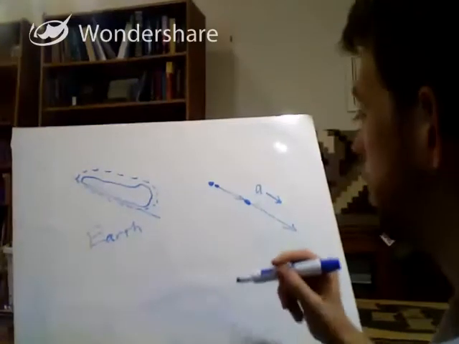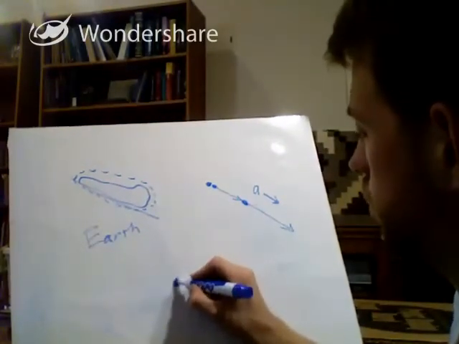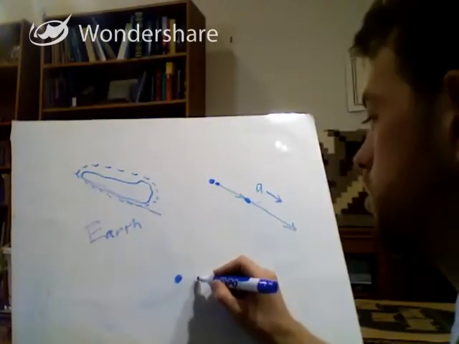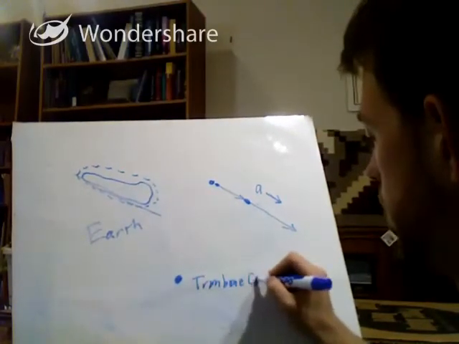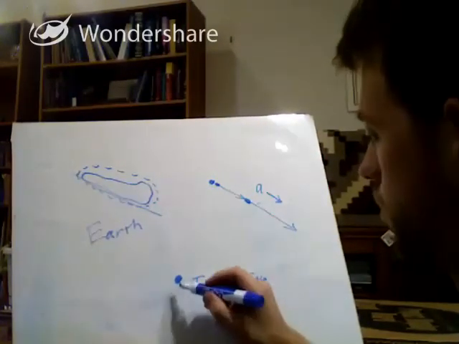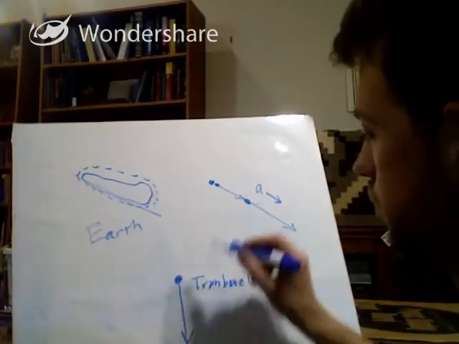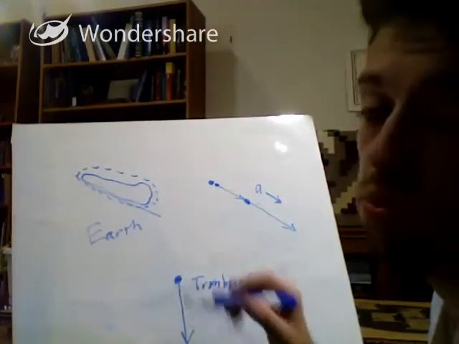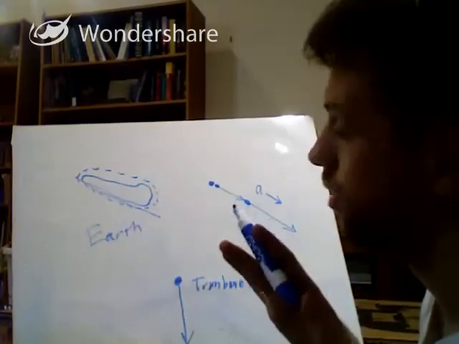So let's see. We know the Earth is exerting a downward force. So here's my force diagram, which represents the trombone case. There's a downward force exerted on it by the Earth. And there's a normal force exerted perpendicularly to the surface of the cardboard.